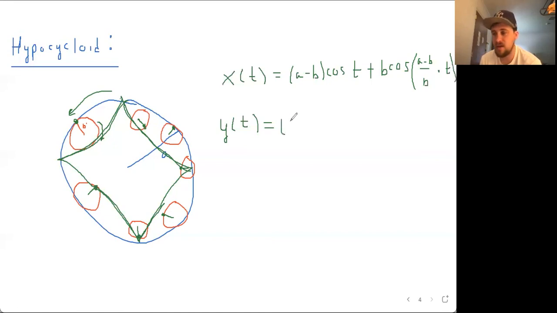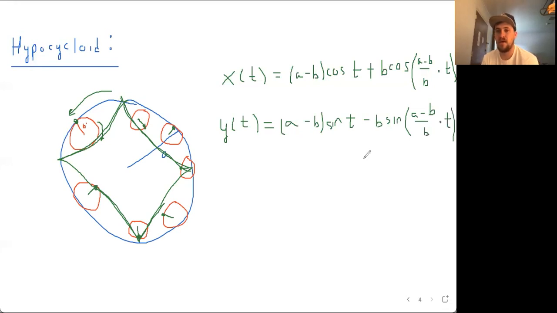And y of t is given by (A minus B) sine t minus B sine of ((A minus B) over B) times t.